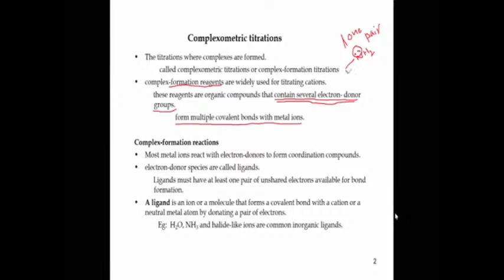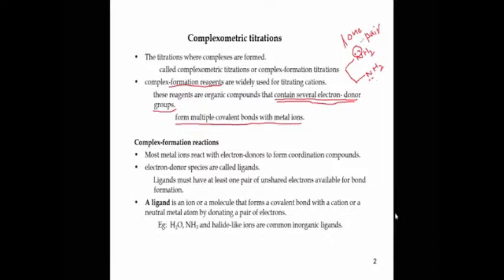If you think about something like this, look at here. What is this? Ethylene diamine, right? And here on this nitrogen also there are lone pair electrons, right?